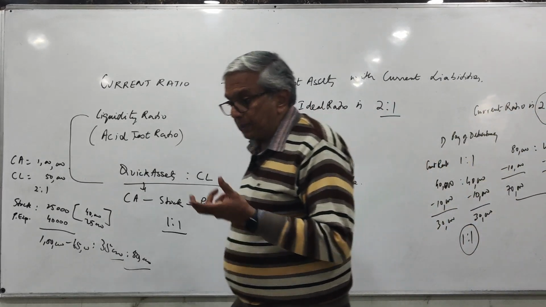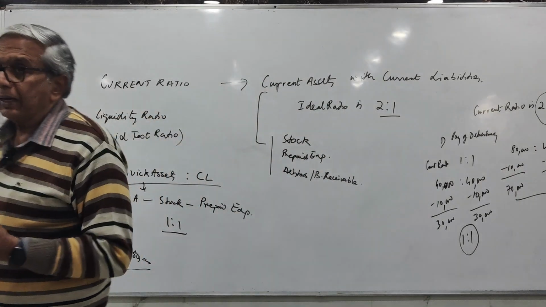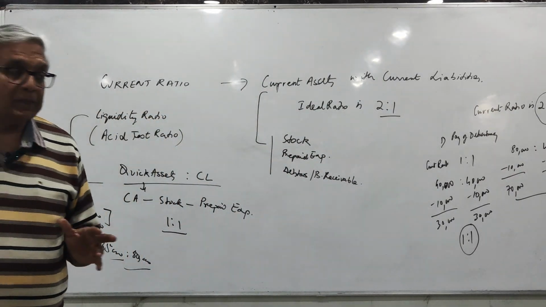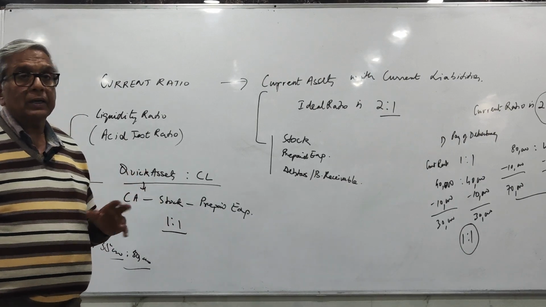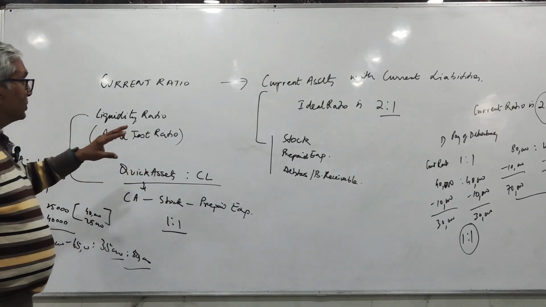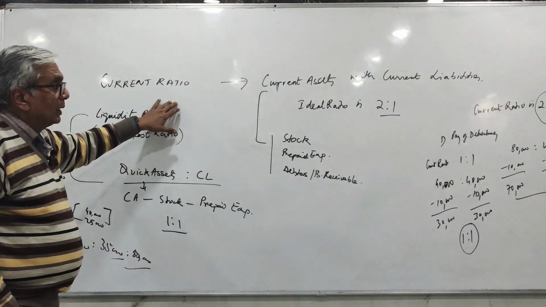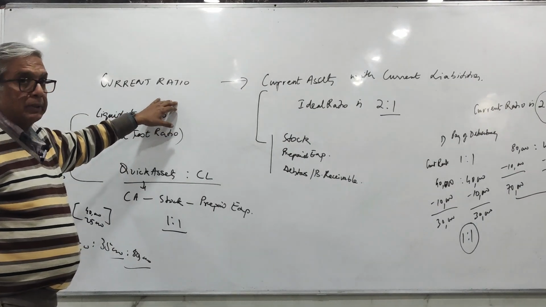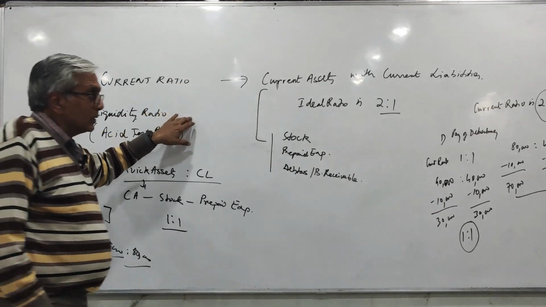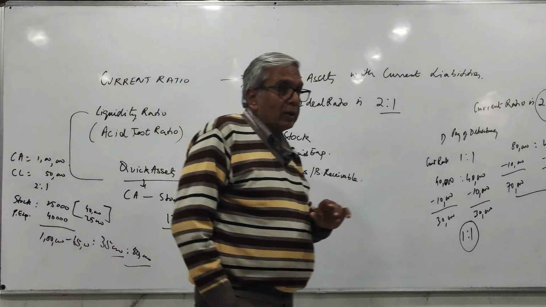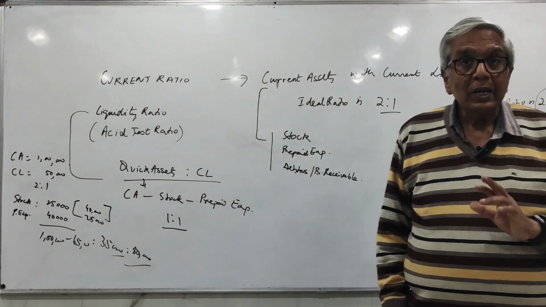Now, this is basically what we find out from the analysis. Our analysis means that we have to comment, we have to interpret the data. So in short-term solvency, we have interpreted current assets with current liabilities. And we have also interpreted quick assets with current liabilities. Now don't cram these ratios.